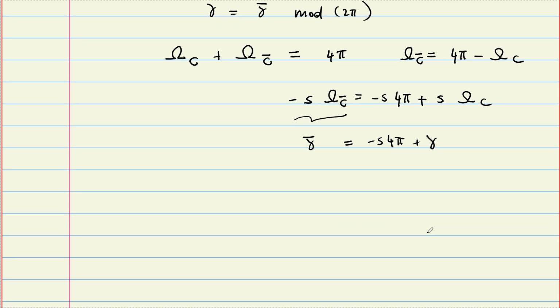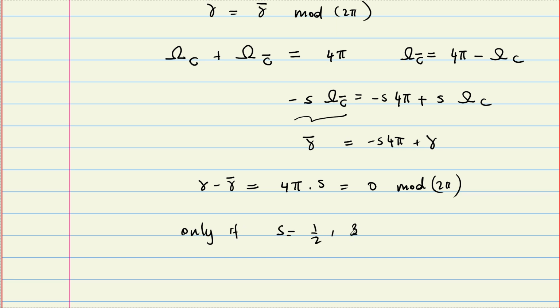That automatically means, let me write it the other way, minus gamma bar is equal to 4 pi times s, or it is equal to 0 mod 2 pi, right? This is equal to 0 mod 2 pi only if s is equal to 1/2, 1, 3/2, 2, 5/2, and so on.